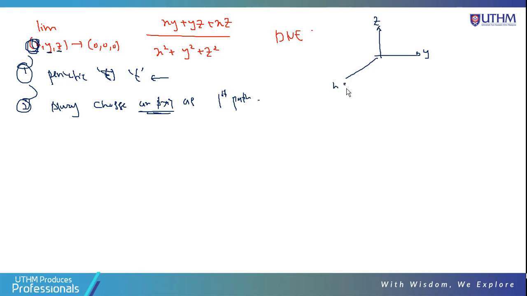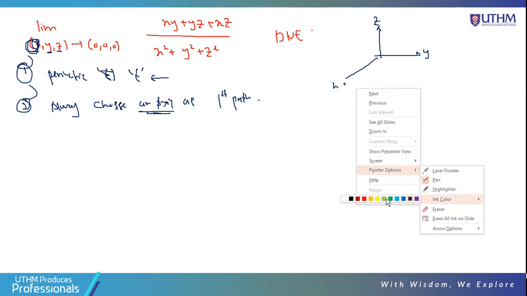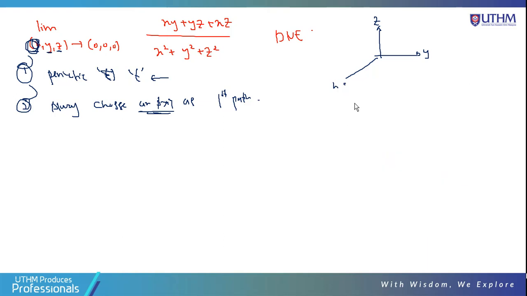So along the x axis, z is equal to 0 and y equal to 0. So always choose the x axis as the first path. Along the x axis, y equals 0 and z equals 0. Substitute here y equal 0, z equal 0.